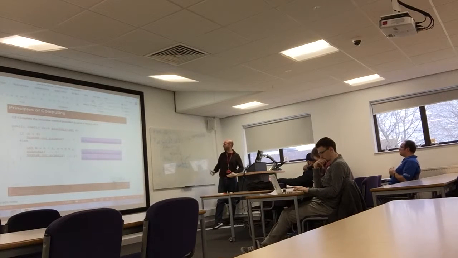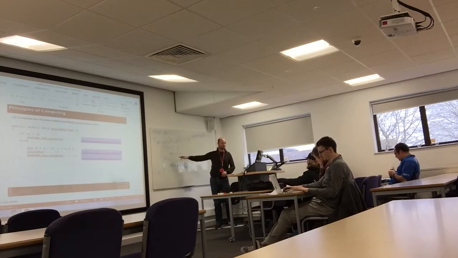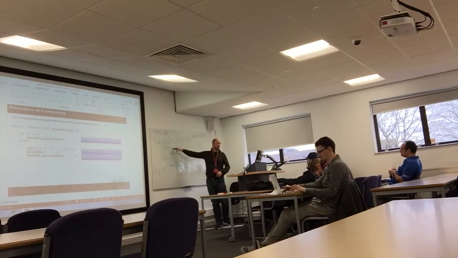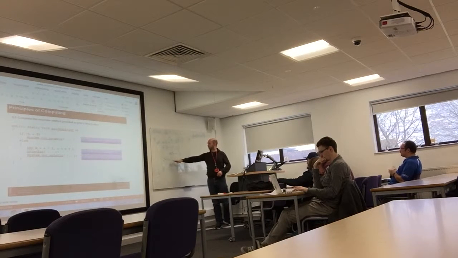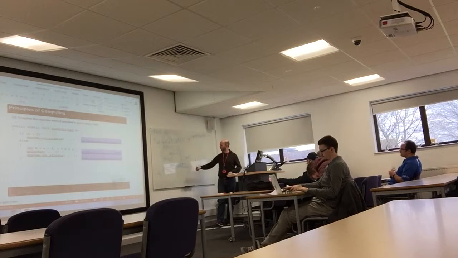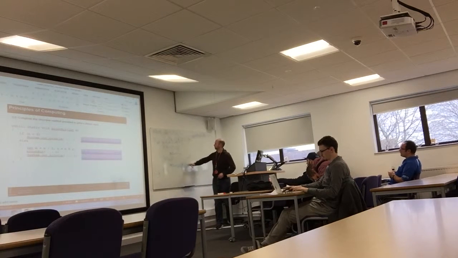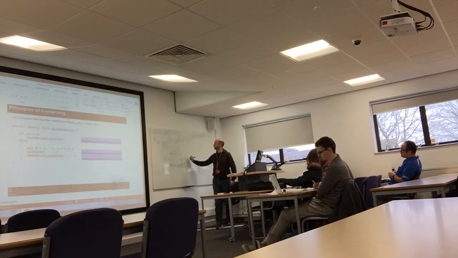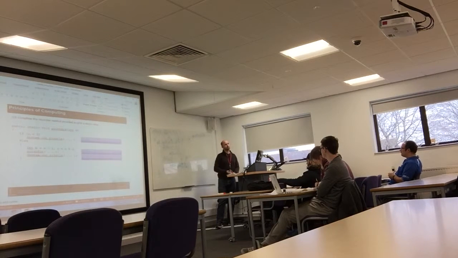Okay, so 6 and 3, then we can run through again. So we know that B is equal to 0 is not true. So then we say else, return GCD B A mod B. So here then we can say 3 and we can say 6 mod 3, which is equal to 0.